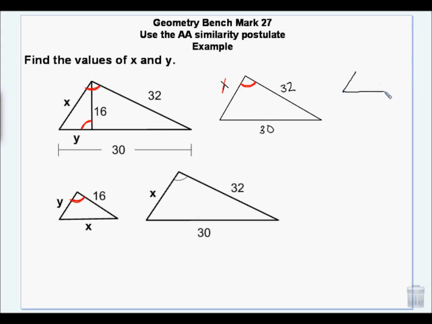Then I draw a small triangle. And I start with my congruent angle. And then I look over here and say, okay, I have this angle, and on the short side of this angle, looking here, I have a long side and a short side, right? On the short side is y, the long side is 16, so that leaves x.